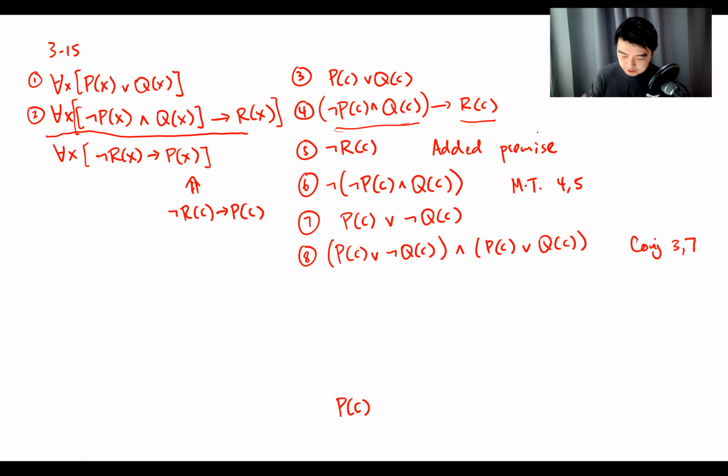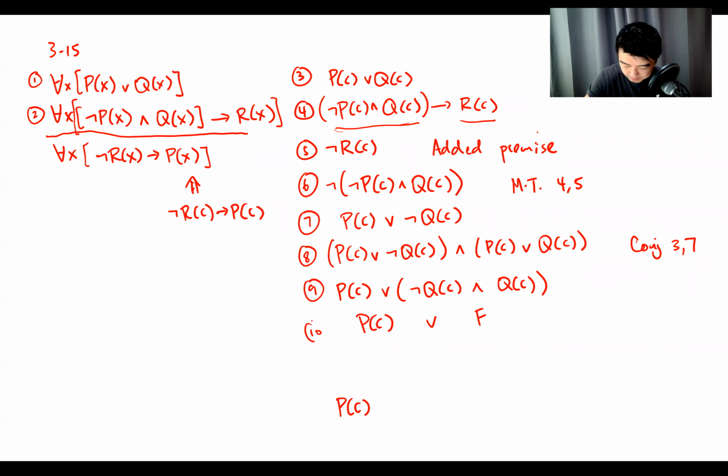Two things that are true, I can add them together, and it's still true. And now I can pull out the P of C. So I can distribute the P of C here, and then I have not Q of C and Q of C. If you have not Q and Q, this will give you a false. So false or P of C is just going to give me P of C.